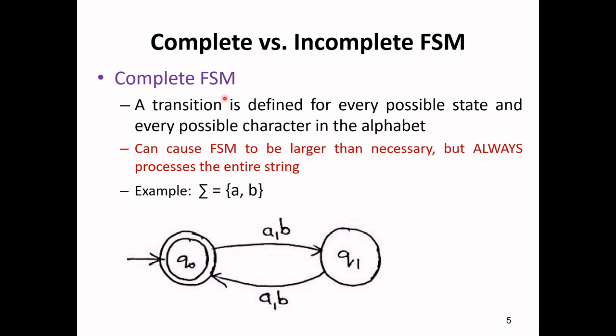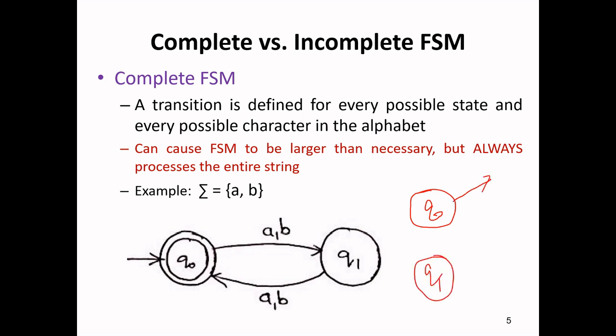According to the definition of a complete FSM, from every state there must be one compulsory transition for every input symbol. Here we have two states, Q0 and Q1.